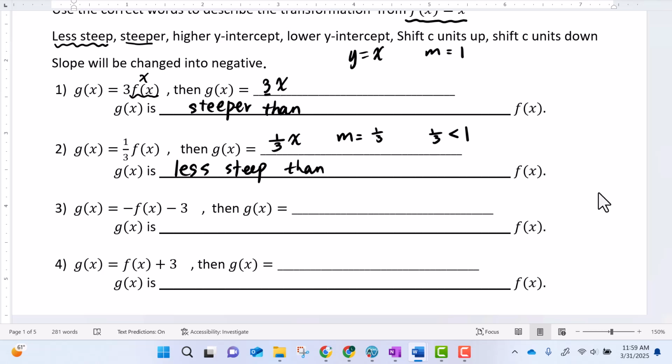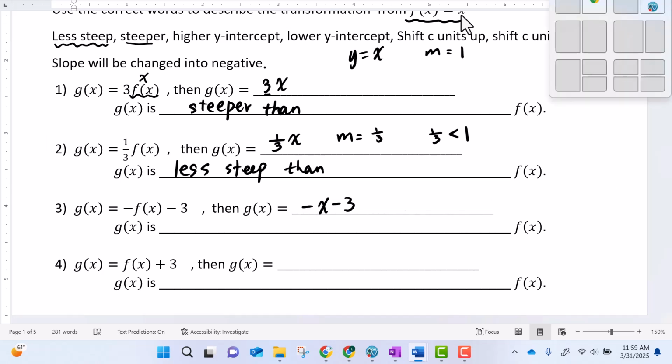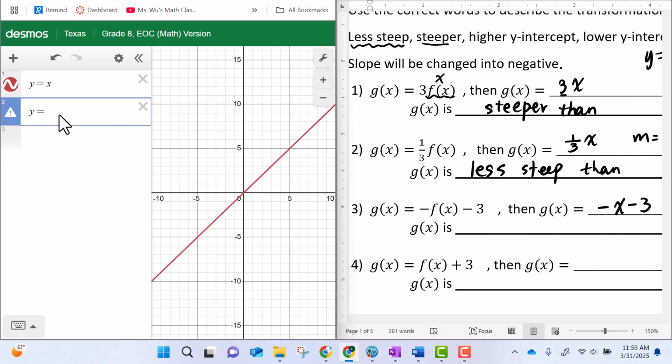Go to 3. g of x equals negative f of x minus 3. So g of x equals negative x minus 3. Let's go to calculator. y equals negative x minus 3. Check this y-intercept.